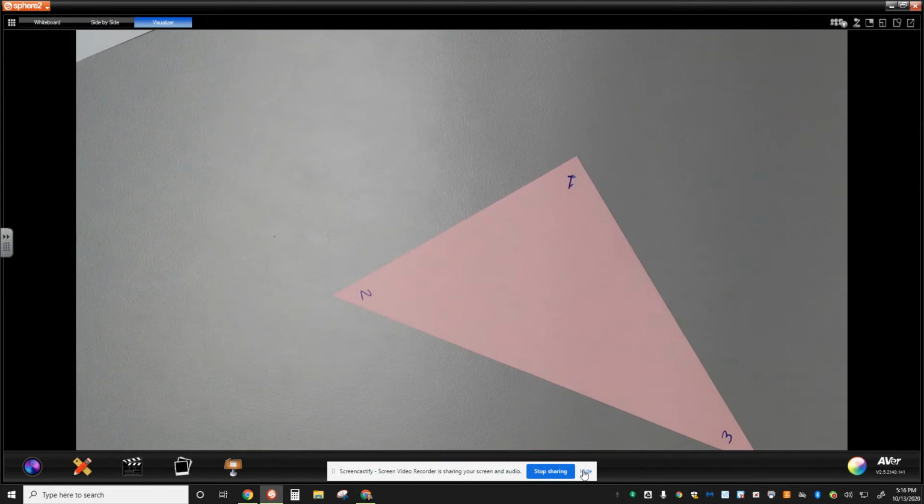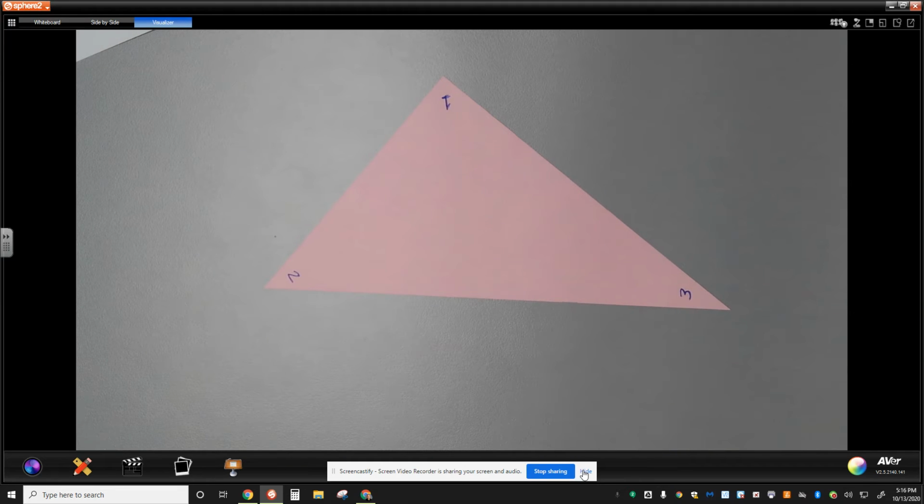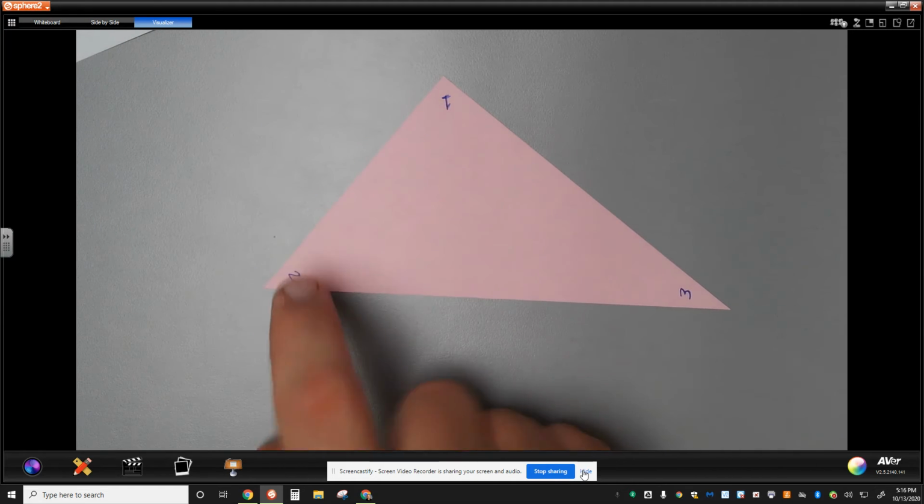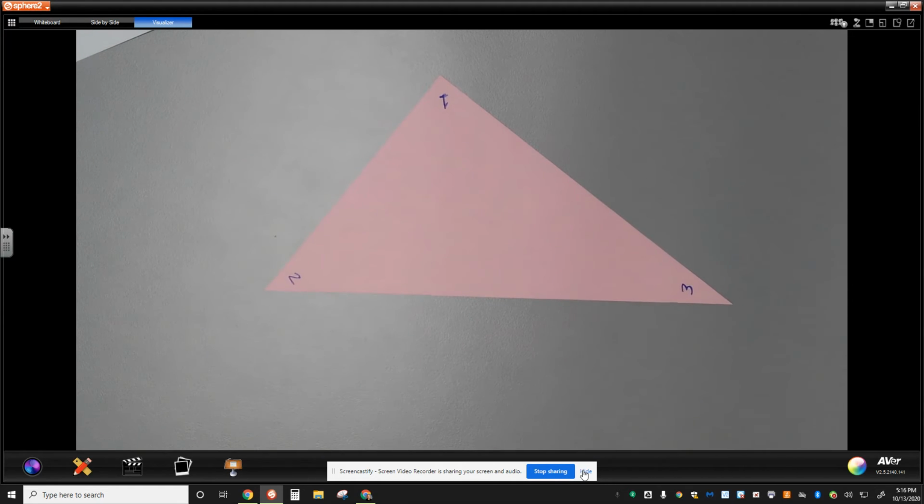So the question is, how could I get these 3 angles? How would I take this triangle and prove that angle 1, the measure of angle 1 plus the measure of angle 2 plus the measure of angle 3 actually equals 180 degrees? Still stumped? Grab a piece of paper and cut out a triangle and see if you can figure it out.